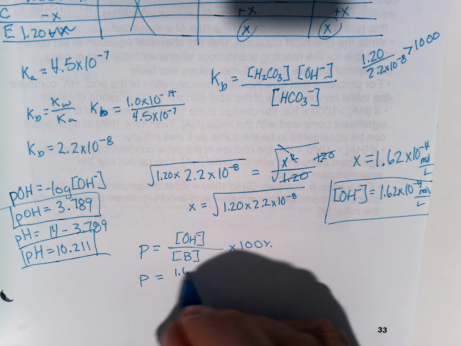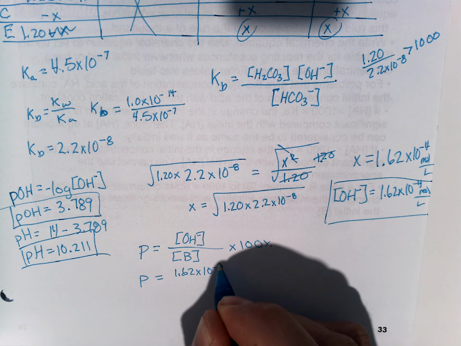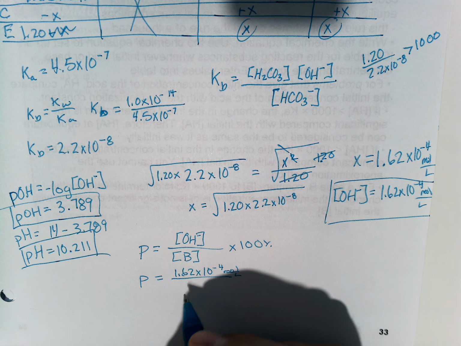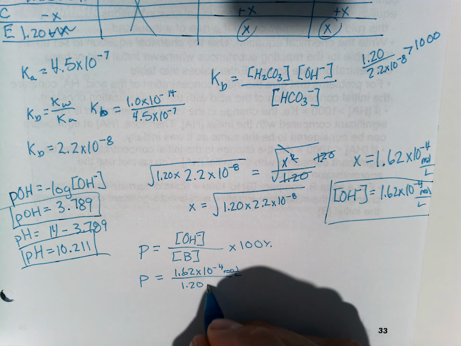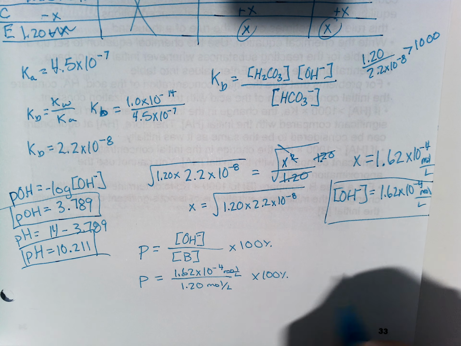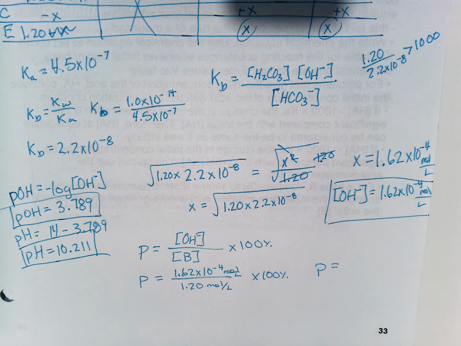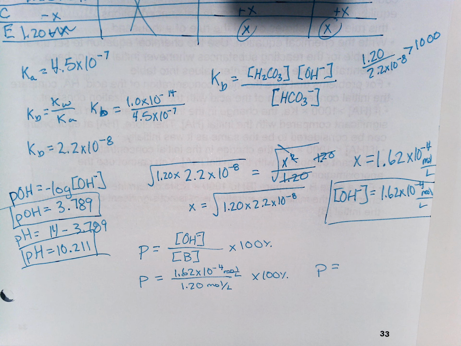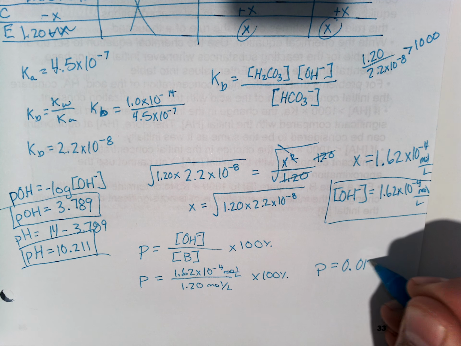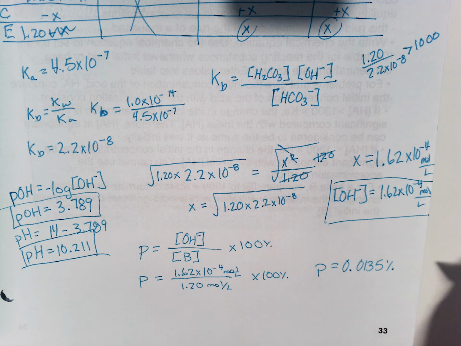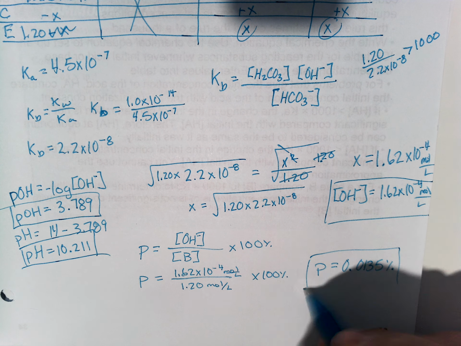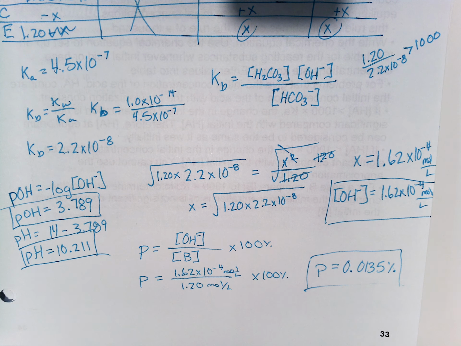Our concentration, 1.62 times 10 to the minus 4 moles per liter divided by 1.20 moles per liter times 100%, and our percent ionization is equal to 0.0135%, so a really small percentage. Okay, so that's the other thing we had to solve for.